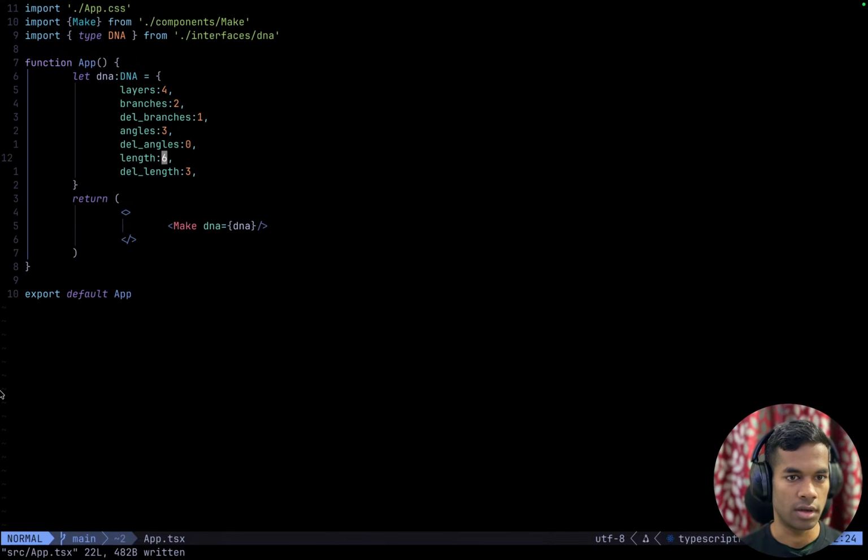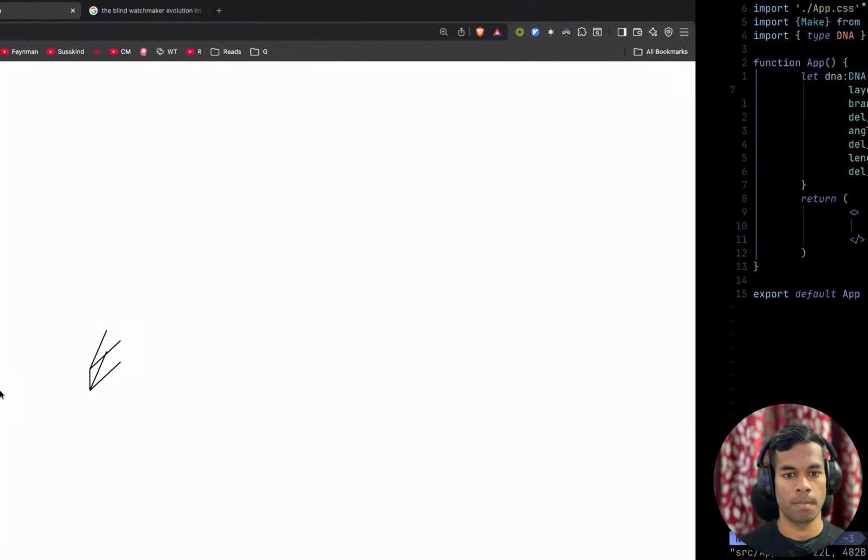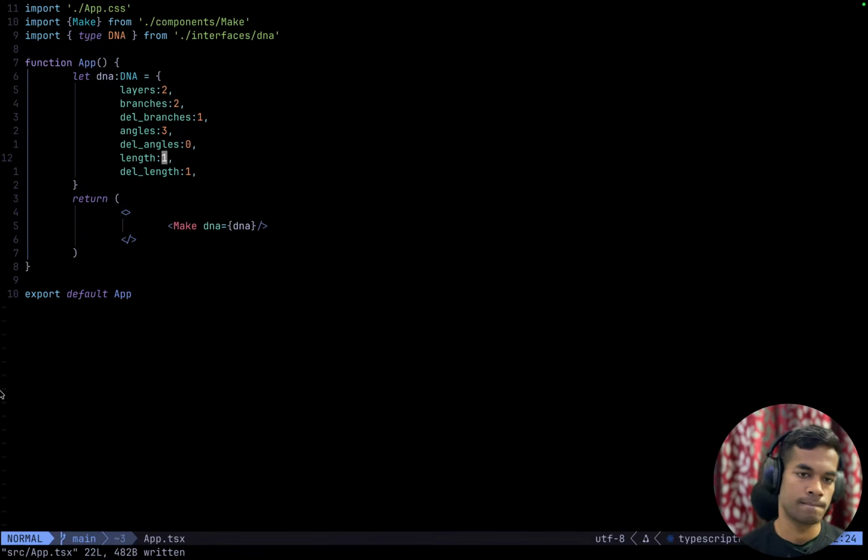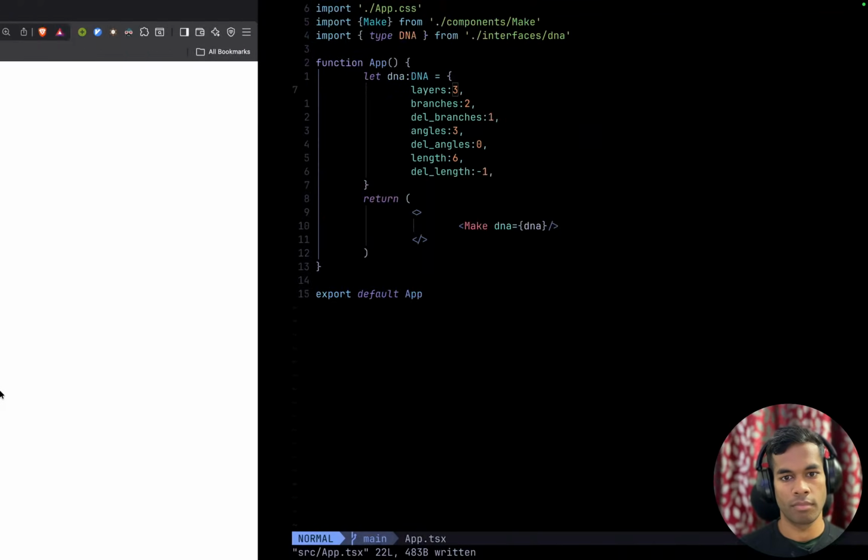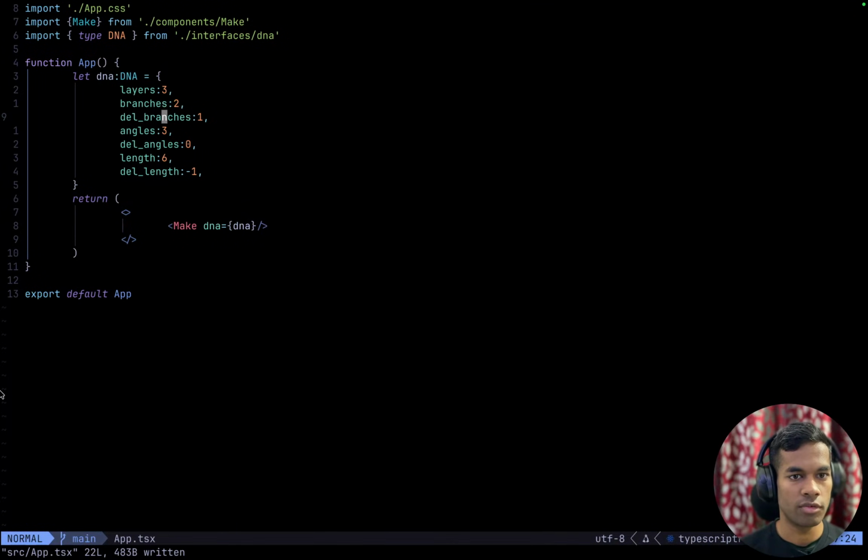Base length is, let's say, 1, length delta is also 1, and that is not very good. That is a lot of layers. 6 minus 1. Okay. We have a lot of branches.